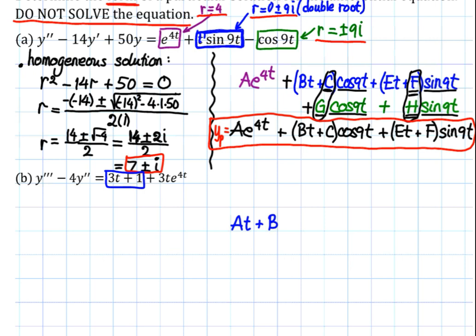Right. Next, we have the t e to the 4t. So for that, we're going to have e to the 4t, the same form of it. And then in front of it, we have to have the same polynomial. So it's going to be, we have a, b, let's use c.